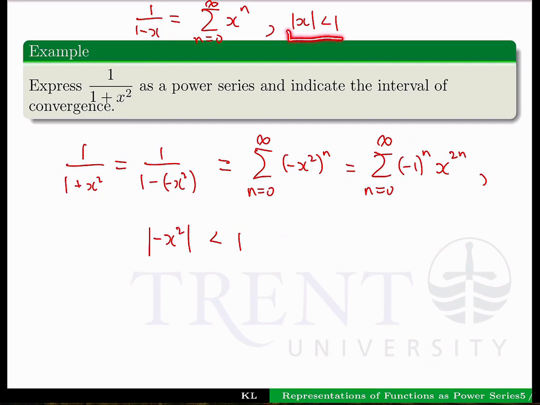Again, we have this, or that the absolute value of x squared is less than 1, but this is already x squared, so that's strictly positive. But this means that your x is between negative 1 and positive 1.